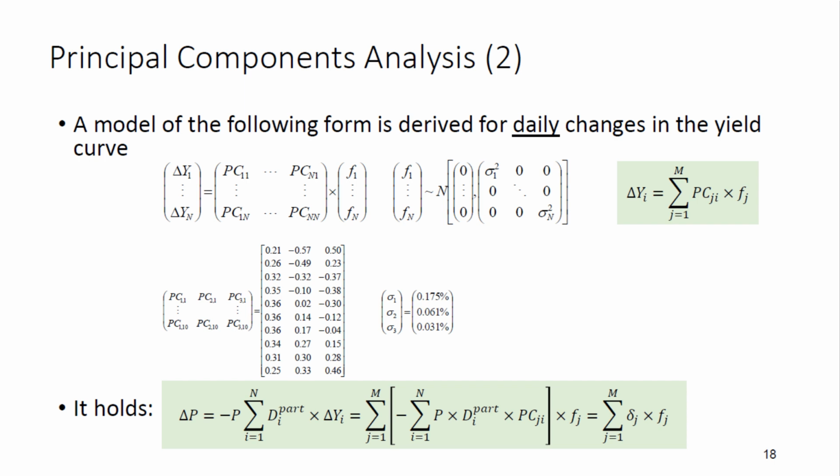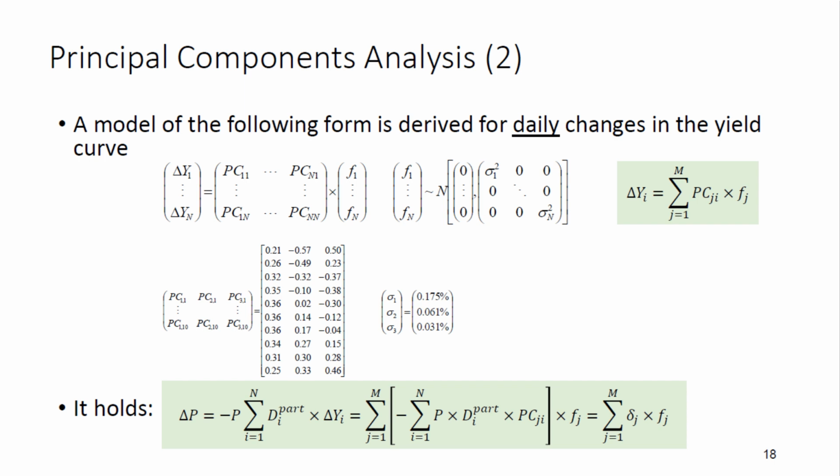We know from an earlier lecture that the change in the portfolio value is determined as minus the portfolio value times each partial duration for the different points on the yield curve times the change in the yield at that point in the yield curve. So what I will be doing now is substituting this change in the yield, this delta y_i, with the principal component model that is on top, which I put already in a summation format at the right top.